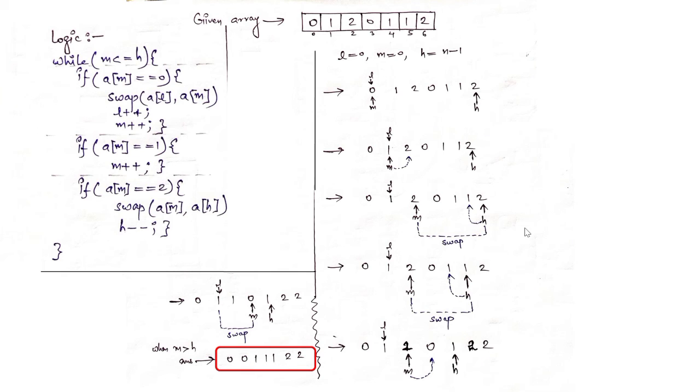We can observe that these variables are taken in such a manner that zeros always position themselves at the start of the array, 1s position themselves in the middle of the array, and all 2s position themselves at the end of the array.